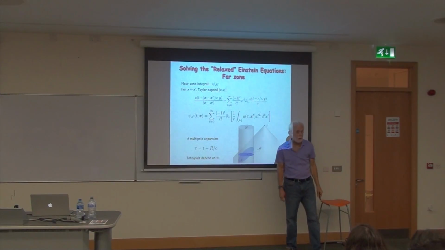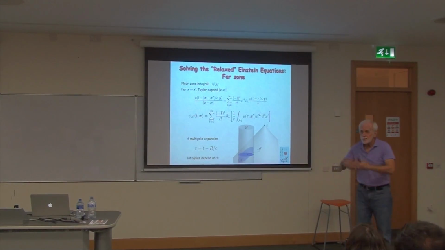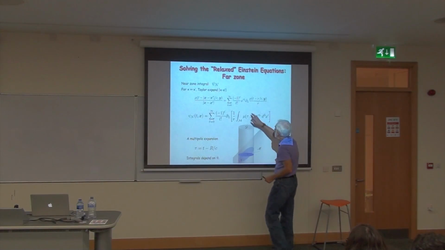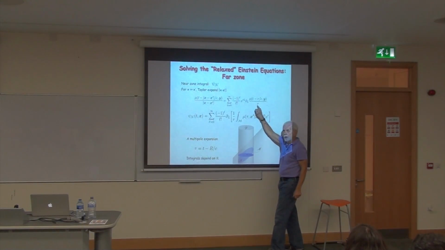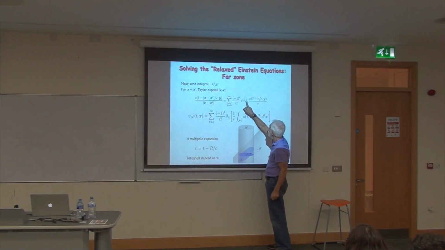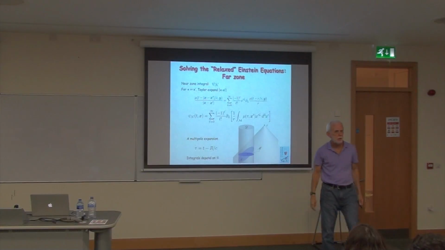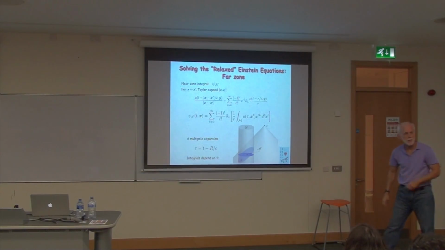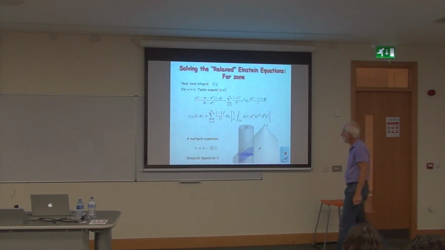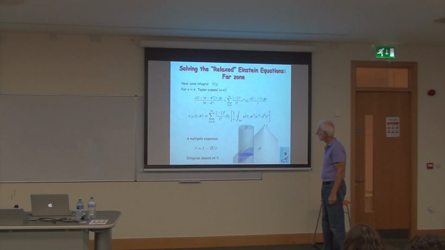That's our sum over all L's. Same thing we did in Newtonian theory, except for one wrinkle. In Newtonian theory, we just had a gradient of 1 over R. But now we also have to take a gradient with respect to the R that appears in this retarded time part. So it's a bit more messy than the simple Newtonian example.